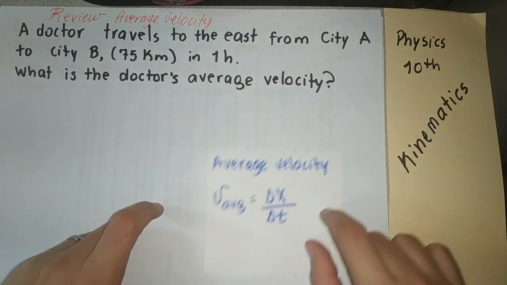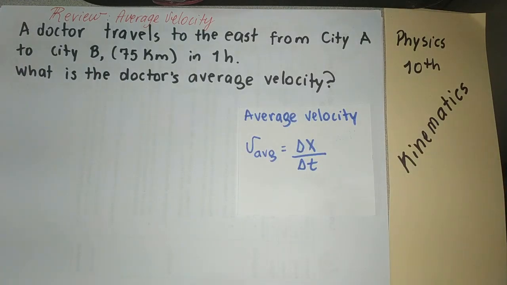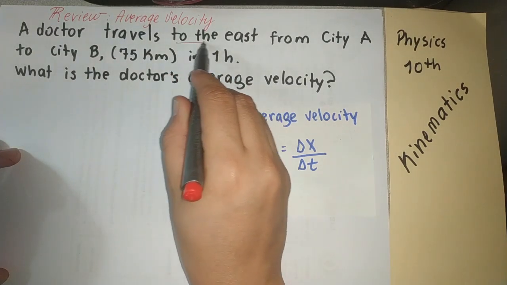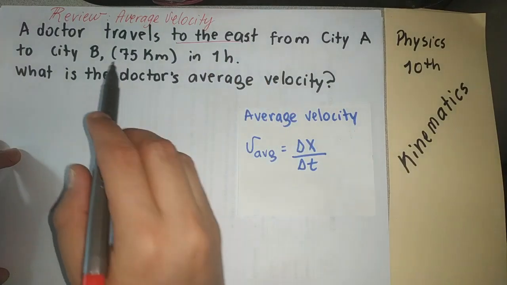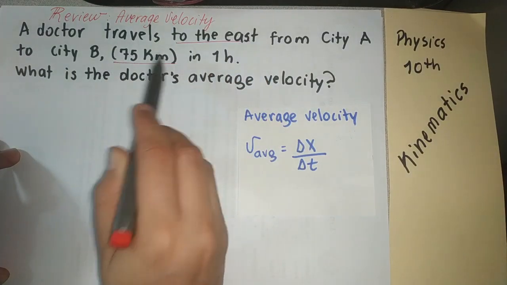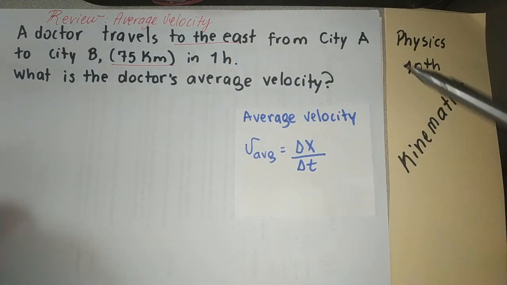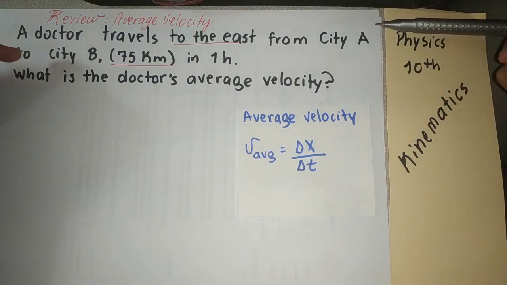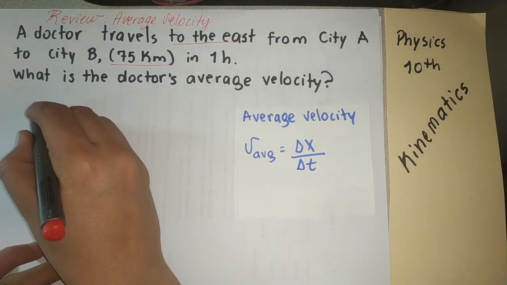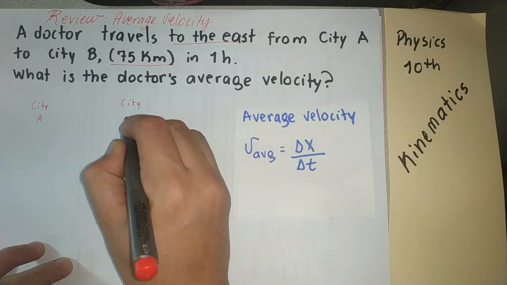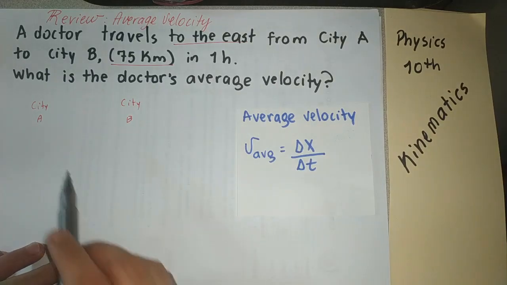Now, take a look at the problem. In this problem, there is a direction given, it says to the east. It is also given 75 kilometers. We talk about city A and city B, so this is what we have.